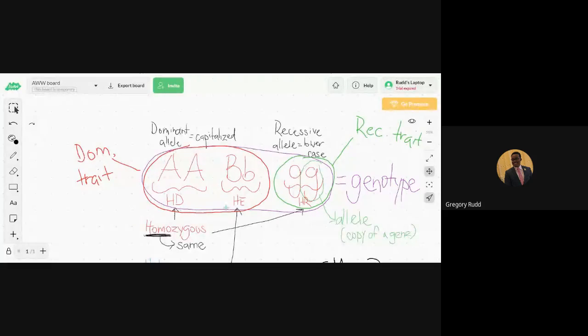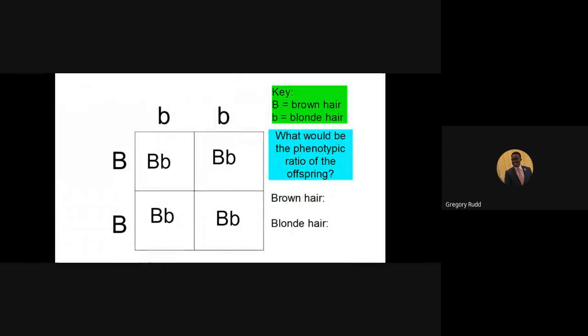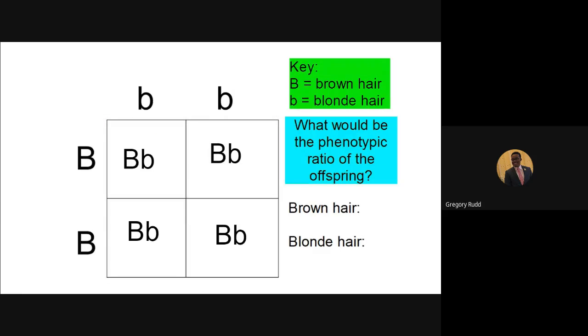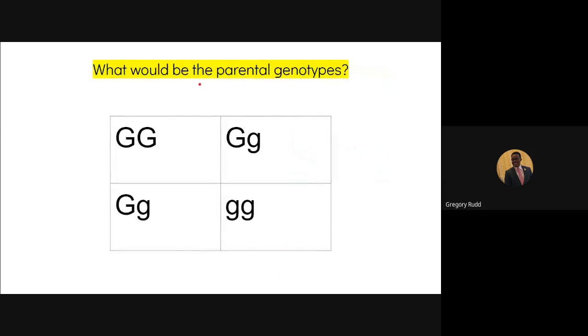This is what I was talking about right here. Homozygous dominant and heterozygous express the dominant trait. We were already told that the dominant trait in this case is brown hair. If all of my children are heterozygous, then they should all have brown hair. No offspring should have blonde hair. Let's keep going.